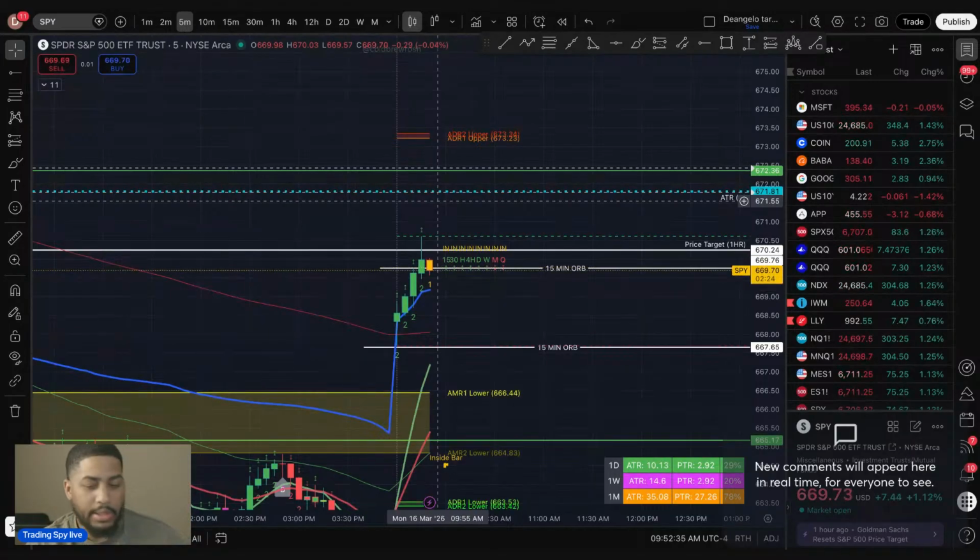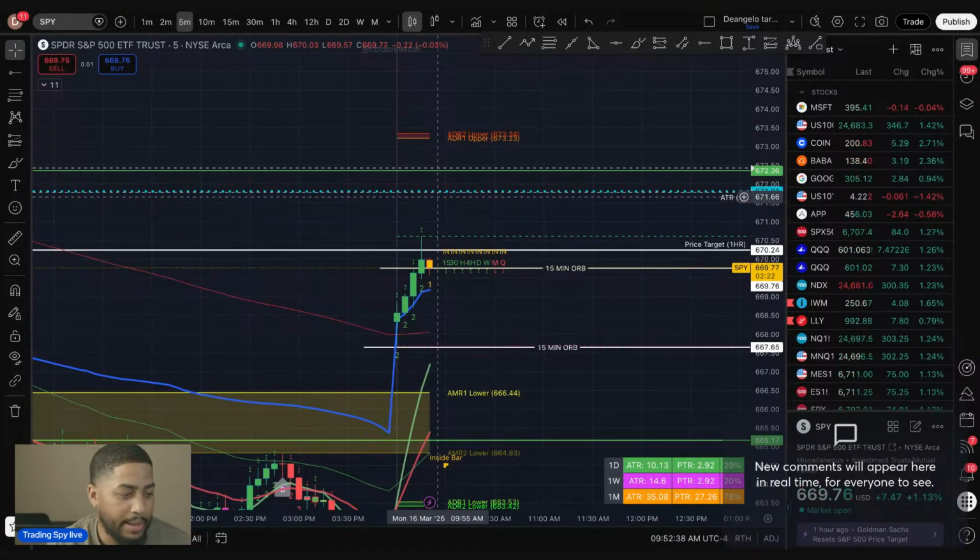I'm over here looking at the ES2 on my iPad. We probably come back and retest the top of that ES. So I'm thinking the market might try at some point to come at least test this gap.